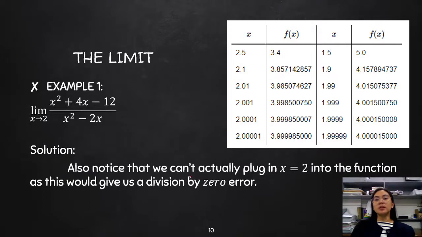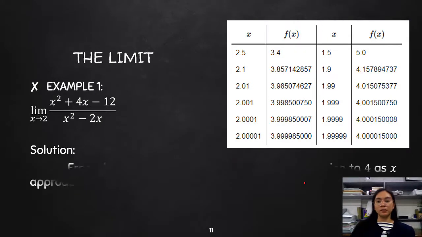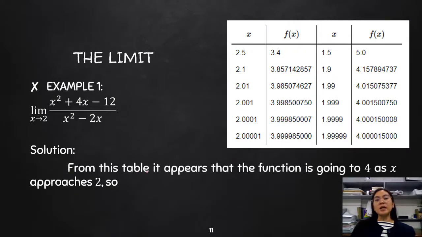Also notice that we can't plug in x equals 2 into the function, because it will give you 0 in the denominator. If you plug it in, 2 squared plus 4 times 2 minus 12 divided by 2 squared minus 2 times 2 gives 0 over 0.